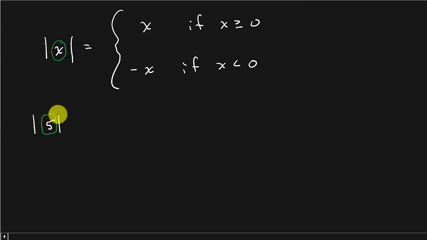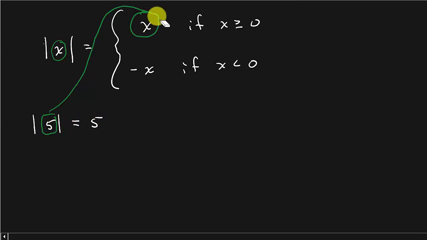X is positive. So what does it say? If x is greater than or equal to 0, in other words, if x is positive or 0, and in this case it's positive, then we're going to take this number here, this 5, and we're going to plug it in to this part. So if we replace x with 5, we get 5 as an answer.